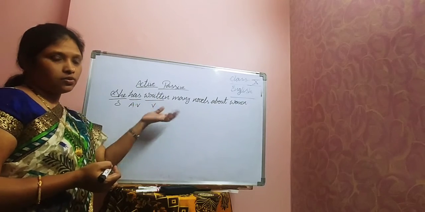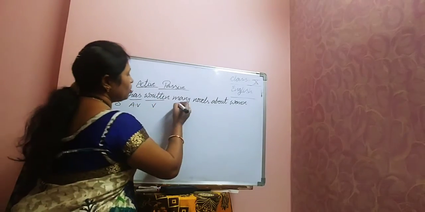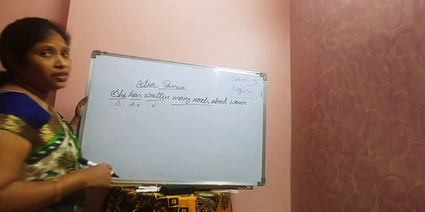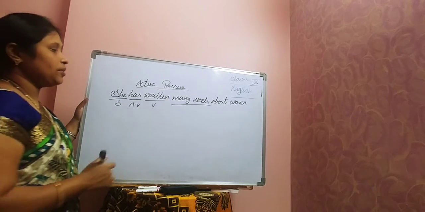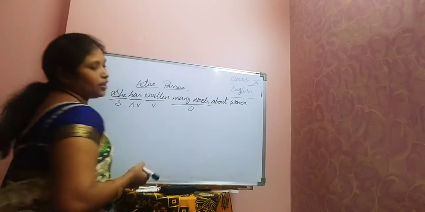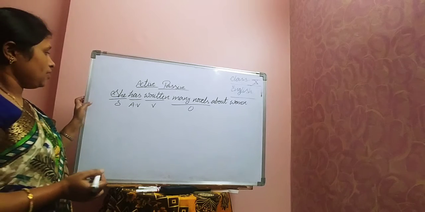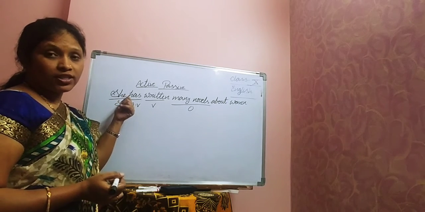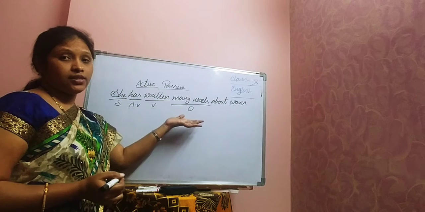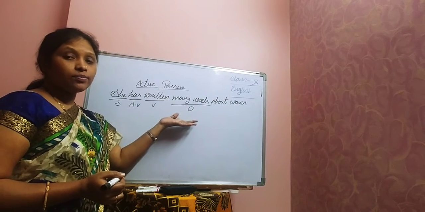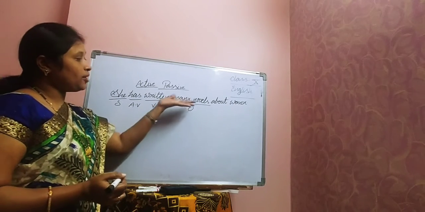Write, wrote, written. Next, many novels. What is it? It becomes the object. What did she do? She wrote many novels. Many novels becomes the object; something happened to that.